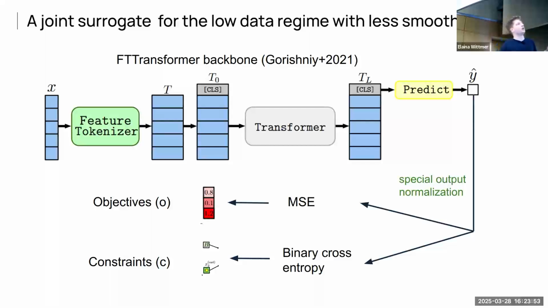And then to make this work, we apply a special output normalization, which allows us to ensure that the model doesn't get overconfident, even in a regime where it has very little data. Again, I'm not going to go into the technical details of it. If you're interested, go read our paper or talk to me. But a lot of work went into making this work for small amounts of data. And the key thing here is that now we have this ability to model objectives and constraints in a single model. And I'll show how this is useful.